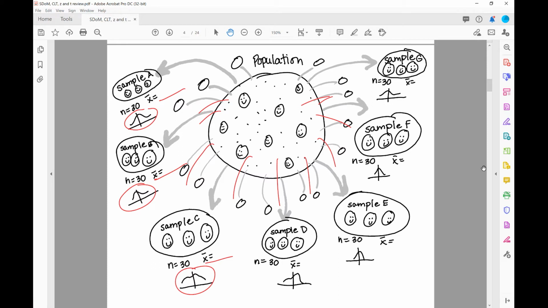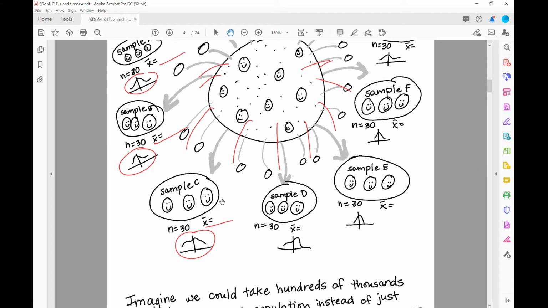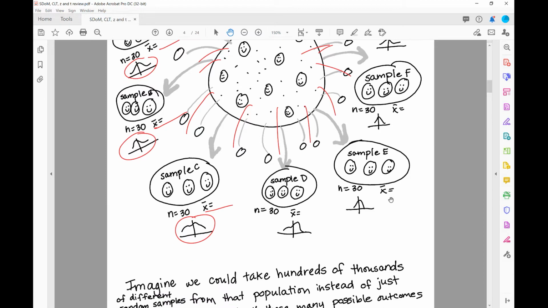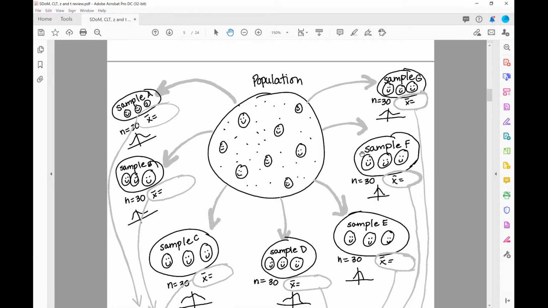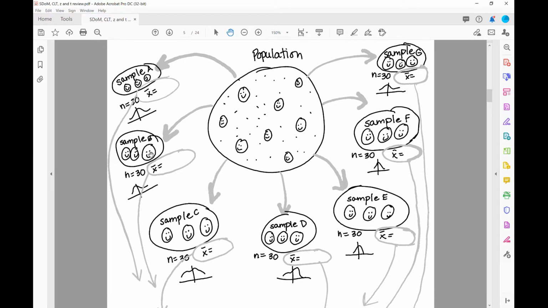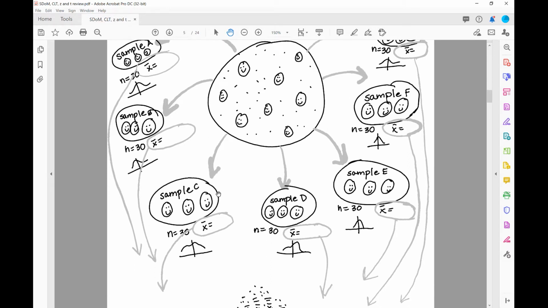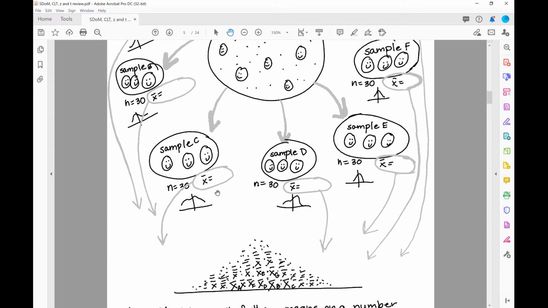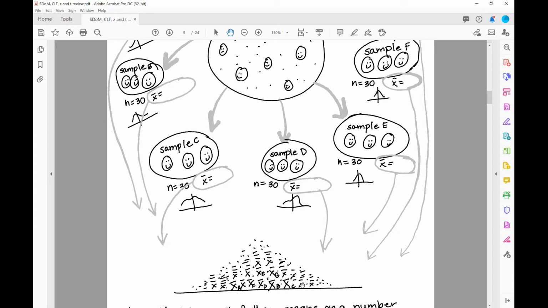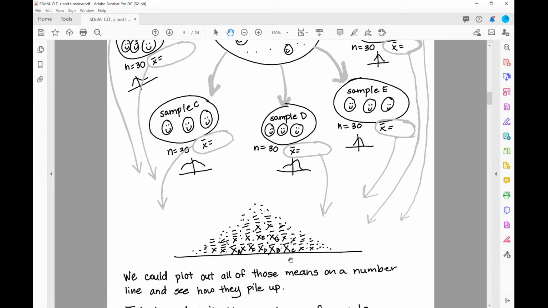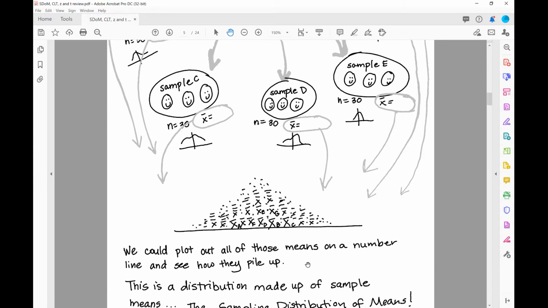Now, once we have all those samples and the sample means for all of those different samples, what we could do is take all of those sample means that we see and plot them out on a number line, just like we did to get our sample distribution, where we took a sample and then plotted out all the scores. Here, we could plot out all of those means on a number line to see how they pile up.